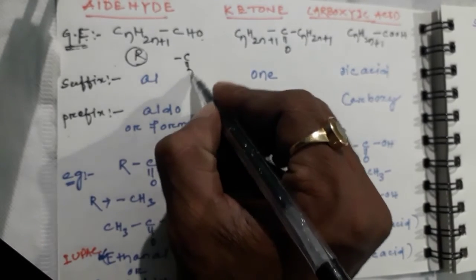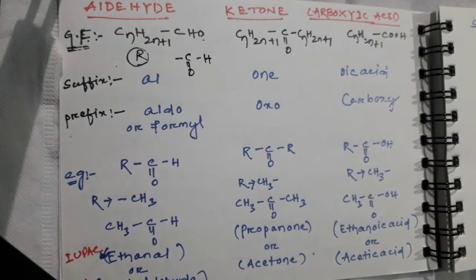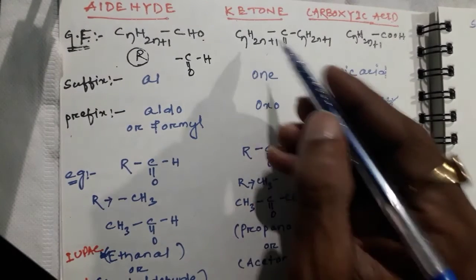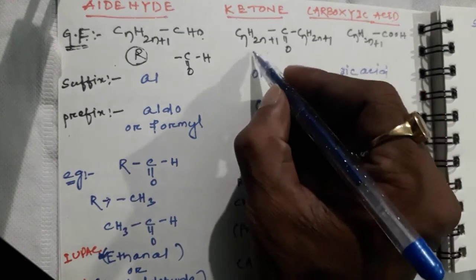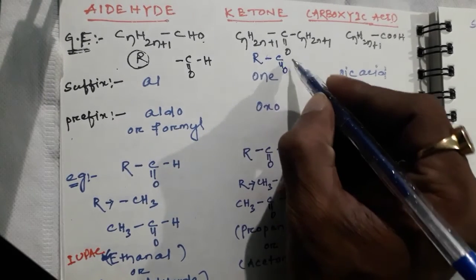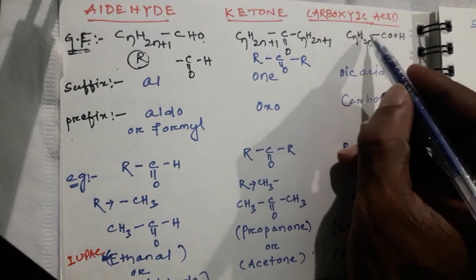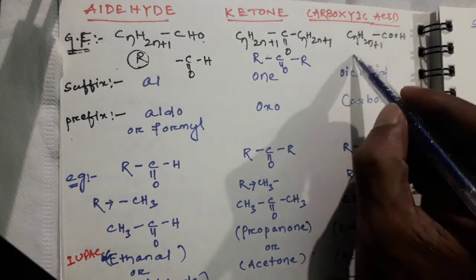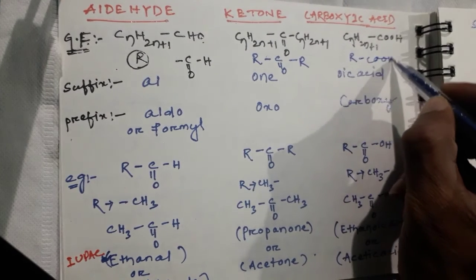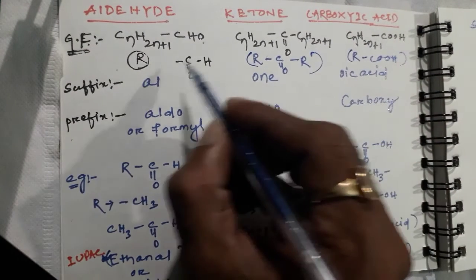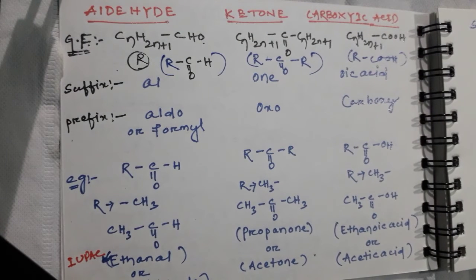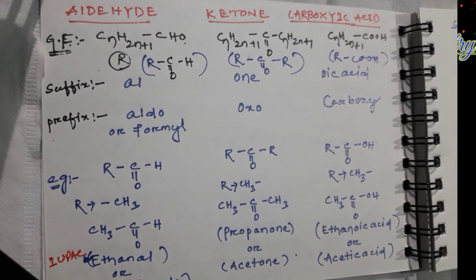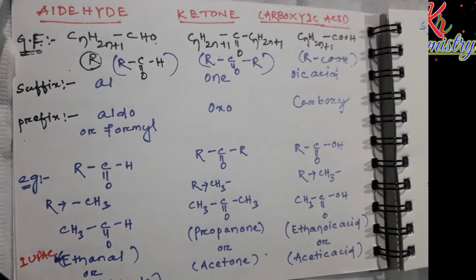CHO means C double bond O, H. Like that, the general formula of ketone is CnH2n+1 C double bond O, the carbonyl group containing both alkyl groups, that is RCOR, and another one is CnH2n+1 COOH, that is RCOOH. These are the general formulas.